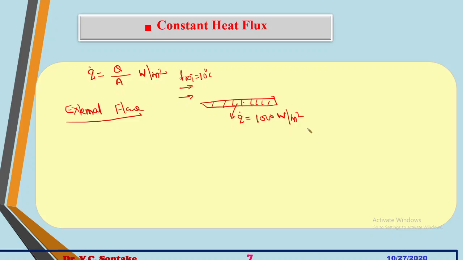Now what will be the consequence of this? The temperature of the air will be increasing along the length of the plate. Now in case of constant heat flux condition, I cannot predict what will be the outlet temperature, whether it will be less than or more than the temperature of this flat plate, because I don't know the temperature of the plate.